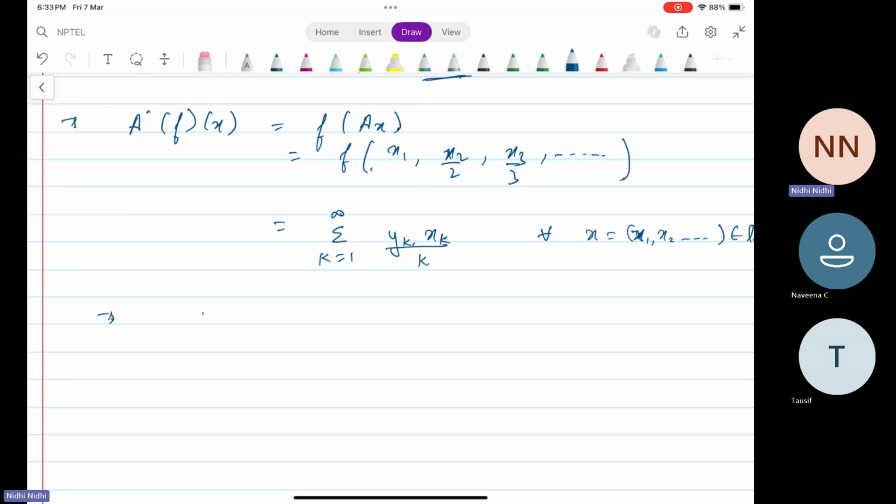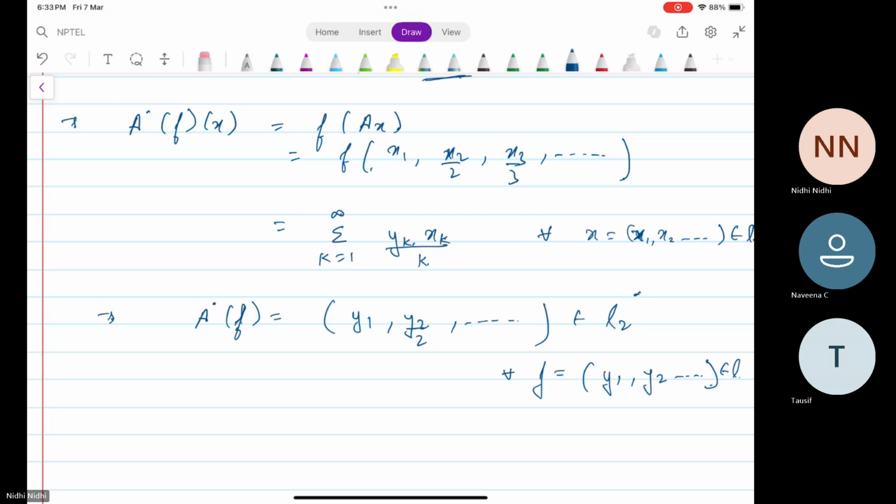So this implies A star f is a functional in L2 star, which is defined using the sequence y1, y2 by 2, and so on. This belongs to L2 star for every f, which was basically defined by the sequence y in L2 star.